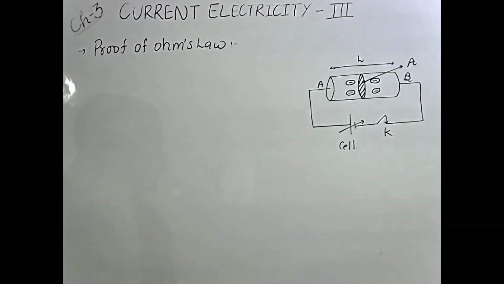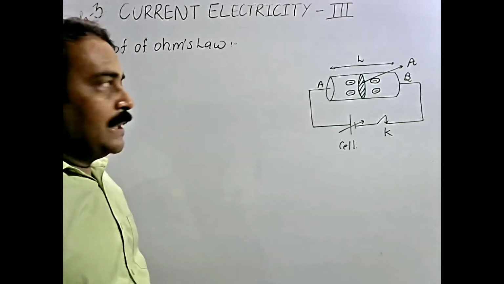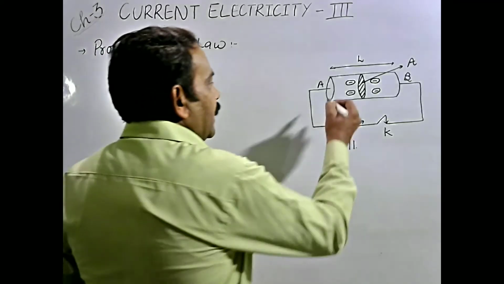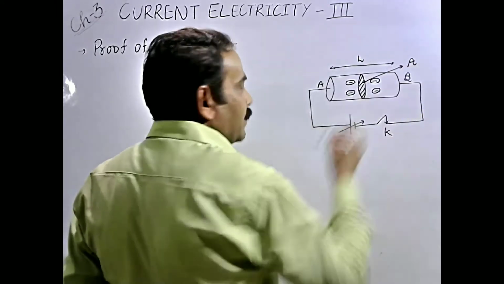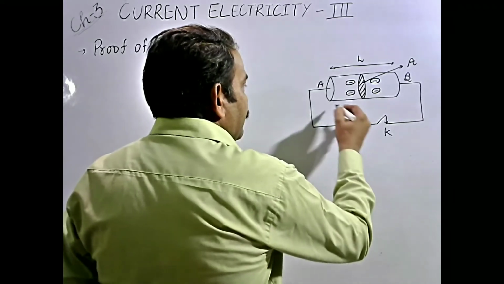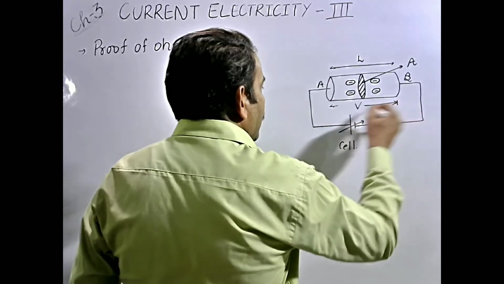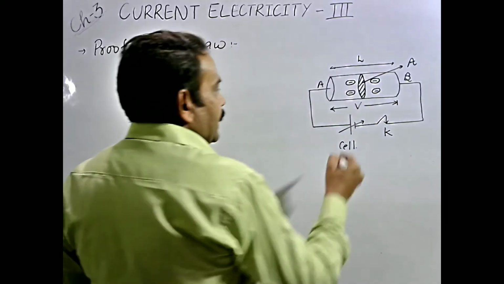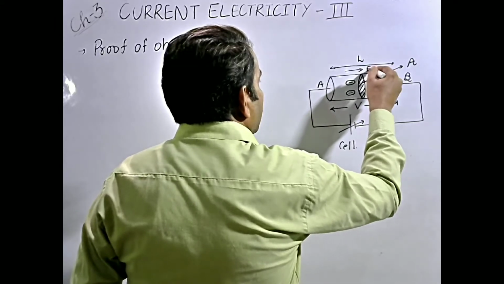Now I am going to discuss today's last topic, proof of Ohm's law. To prove Ohm's law, consider here AB is a conductor of length L and area of cross section A. When potential difference V is applied across the ends of the conductor with the help of this cell or battery, it is clear that an electric field is developed across the ends of this conductor.